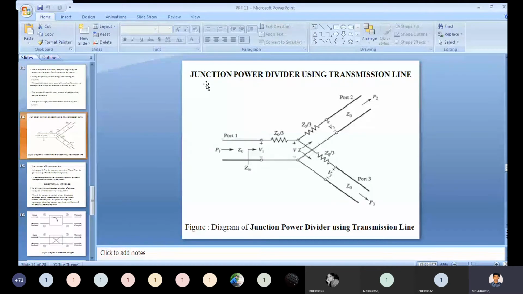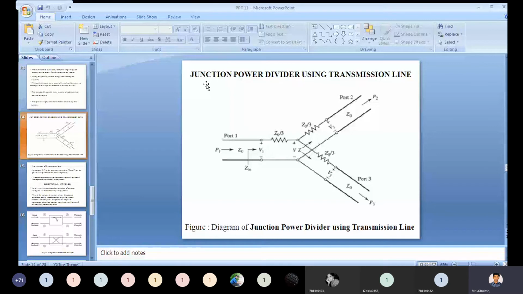This is the diagram for junction power divider using transmission line, which is also a T-junction power divider. It is a 3-port network that can be constructed either from a transmission line or from the waveguide.